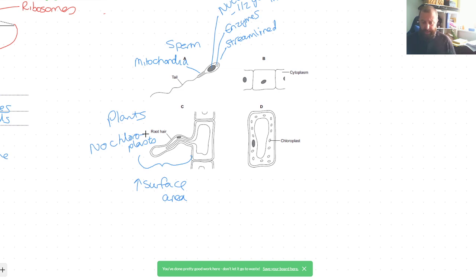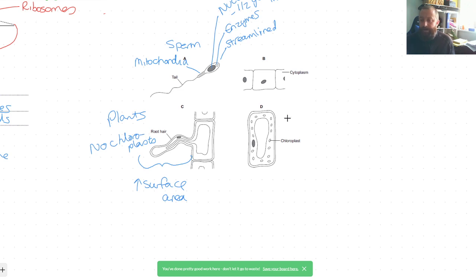I've also seen a certain dietary TV celebrity, I'm not going to credit her with calling her a scientist, talk about the fact we eat greens because it can help oxygenate our blood, even though there's no light in our blood system, in our digestive system, so it just doesn't work. And it's the same principle here. There's no point in having chloroplasts in root cells because they're underground. They're not going to get any light. So we could say an adaptation is the fact they just don't have chloroplasts.